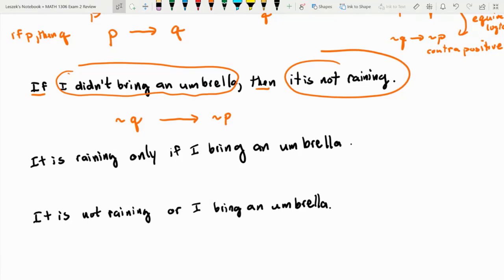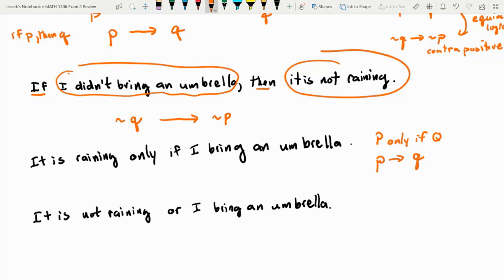So the next statement is, it is raining only if I bring an umbrella. So the P only if Q part, that's not as common because it's difficult to understand. Honestly, it's another way of writing implication.